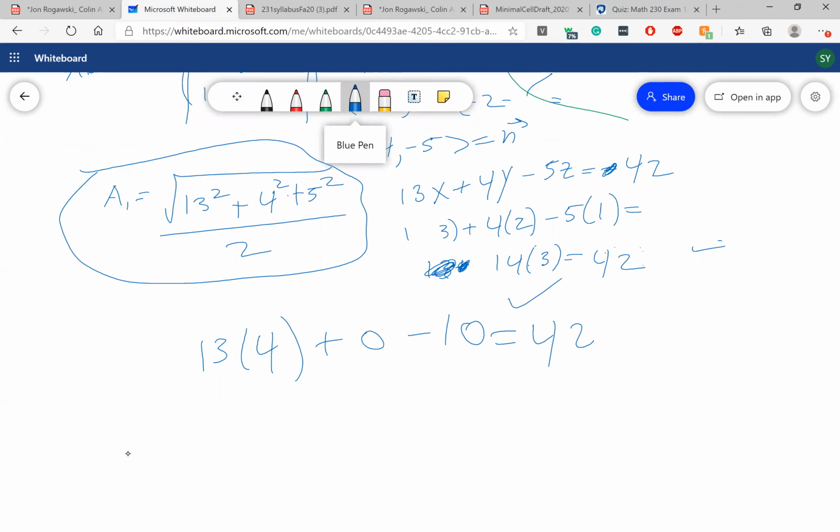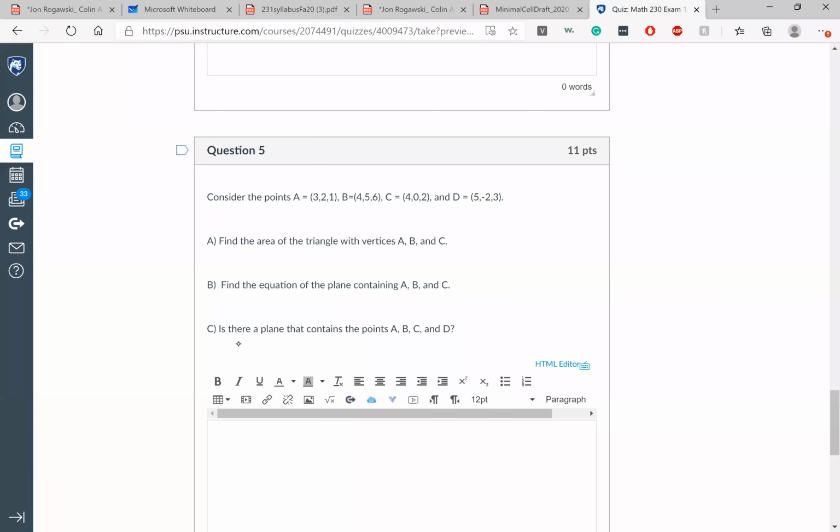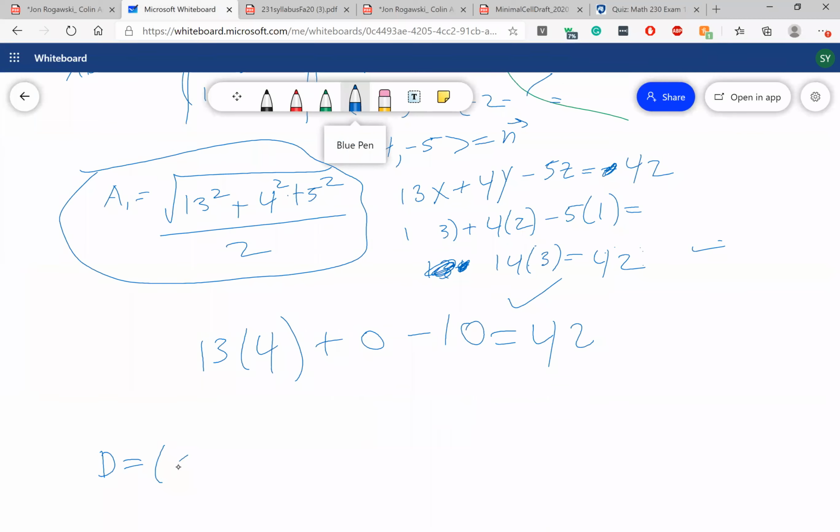So D was, D is equal to 5, -2, and 3. So let's plug it in.